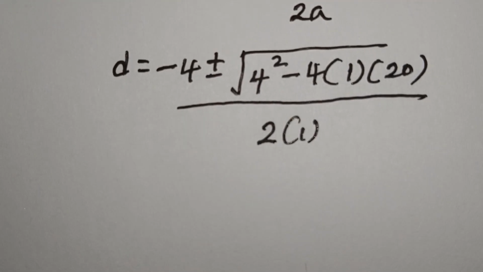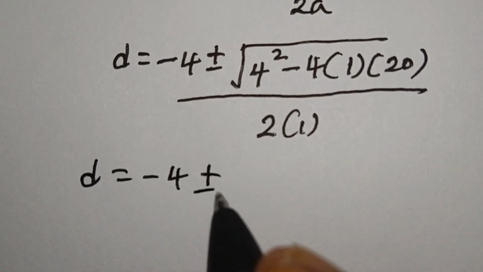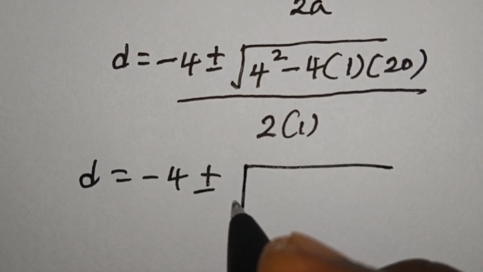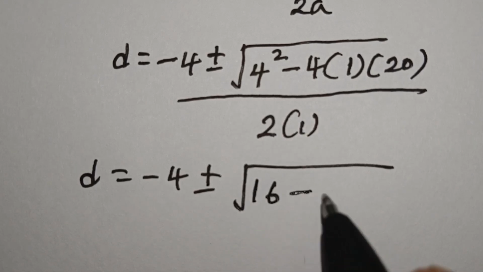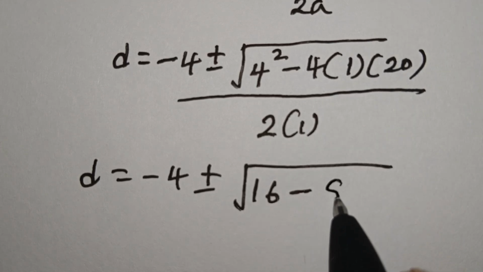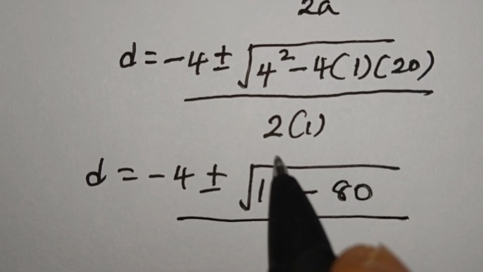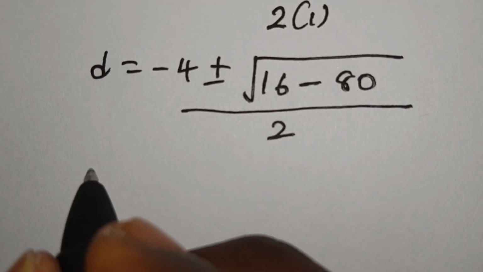Let's continue. D equal to minus 4 plus or minus square root of 4 square, which is 4 times 4, 16, minus 4 times 1, 4, 4 times 20, 80. Divided by 2 times 1, 2. Let's continue.